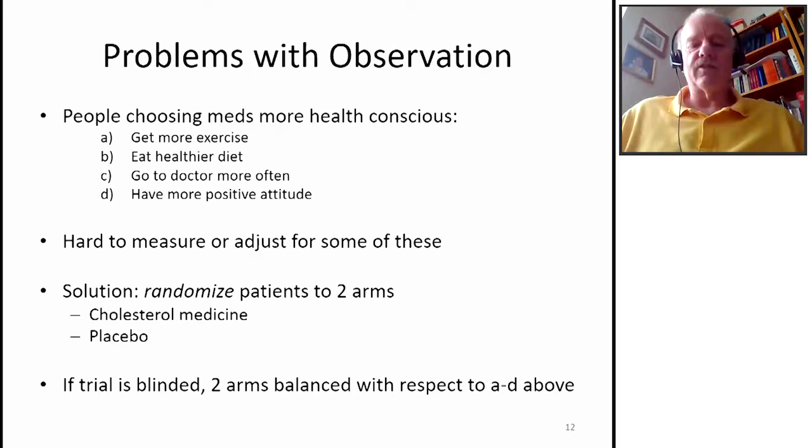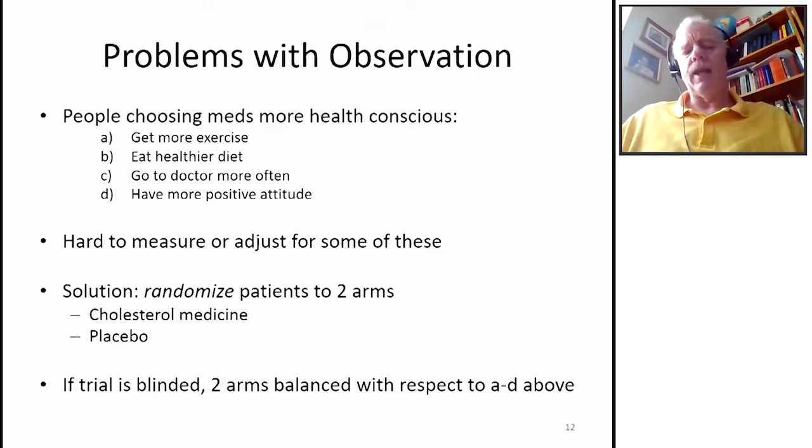So the solution to this problem is to randomize patients to the two different arms, randomly pick patients to get the cholesterol medication and then to take no medication or placebo.